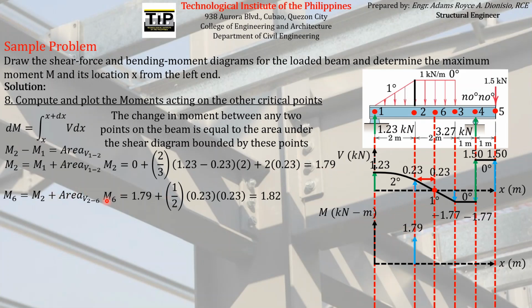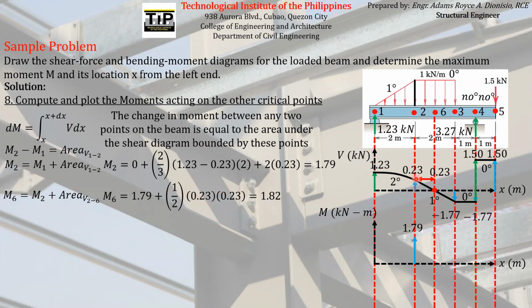Next, if we try to find the bending moment at point 6, according to this equation, the bending moment at point 6, which is this, is just equal to the bending moment at point 2, which is 1.79, plus the area under the shear force diagram between point 2 and point 6, which is obviously this. And obviously, this is just a triangular area. The area of the triangle is just 1/2 base times height, with a height of 0.23 and a base which is equal to 0.23.